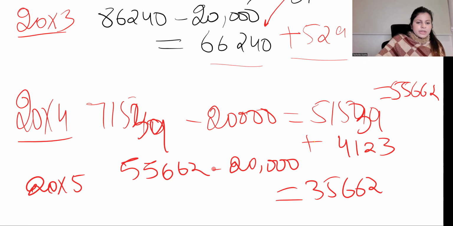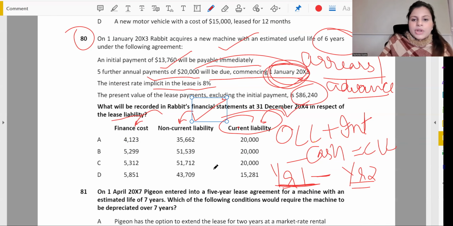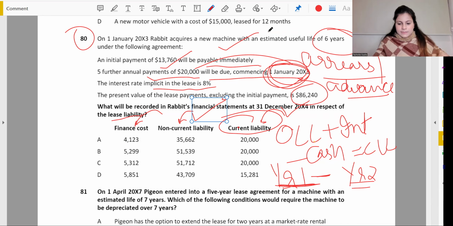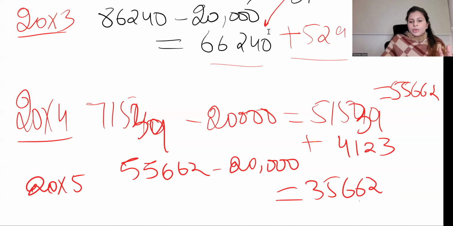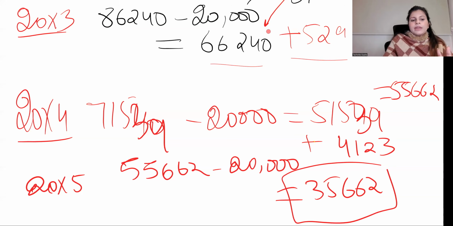Will you charge interest on this? See, this will give you your current and non-current. You don't need to calculate total liability for year 3.